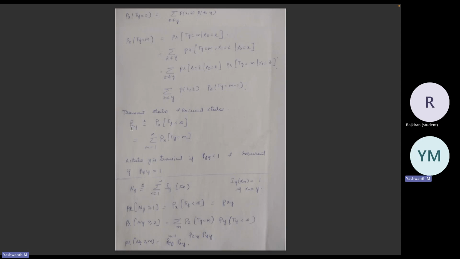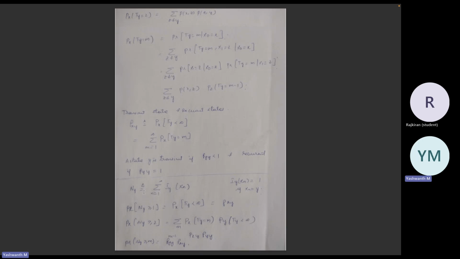And especially intuitively you can see that for transient, you will visit the state finitely many times, and for recurrent states, this probability is 1, so you will visit that infinitely many times intuitively.